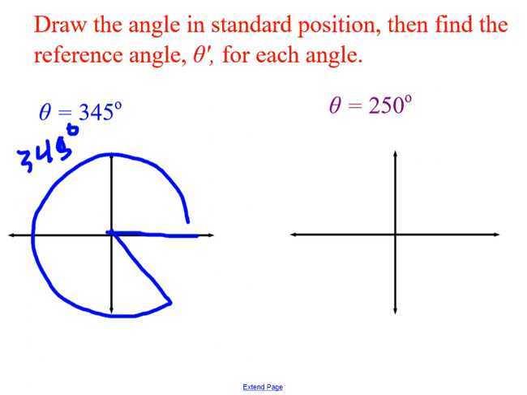But my question is, the reference angle is that angle right here. Sort of, it's like, what's left to do? And to find how big this is, see if you can do it on your own.